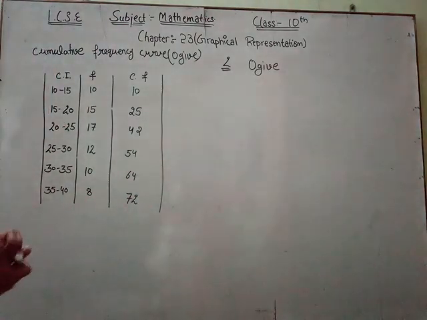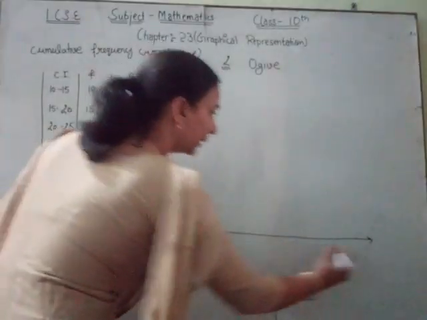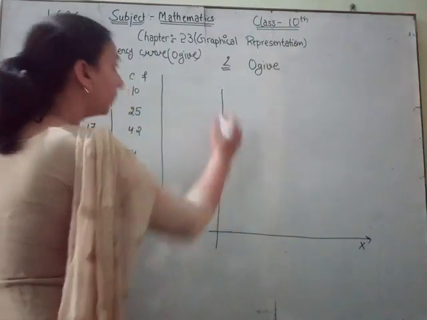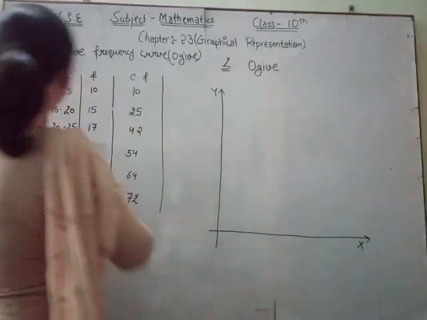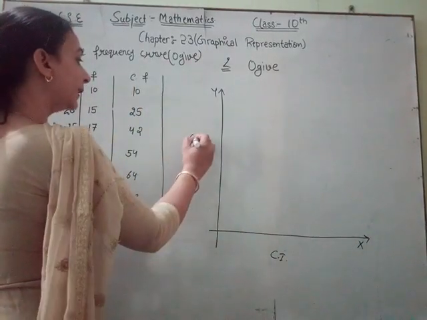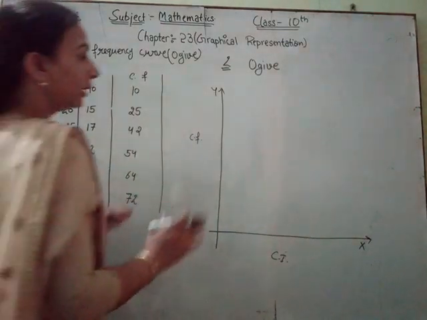Okay, then we take x-axis and y-axis. This is the x-axis and this is the y-axis. Student, on the x-axis we take class interval and on the y-axis we take CF, cumulative frequency. Okay, we take the points.